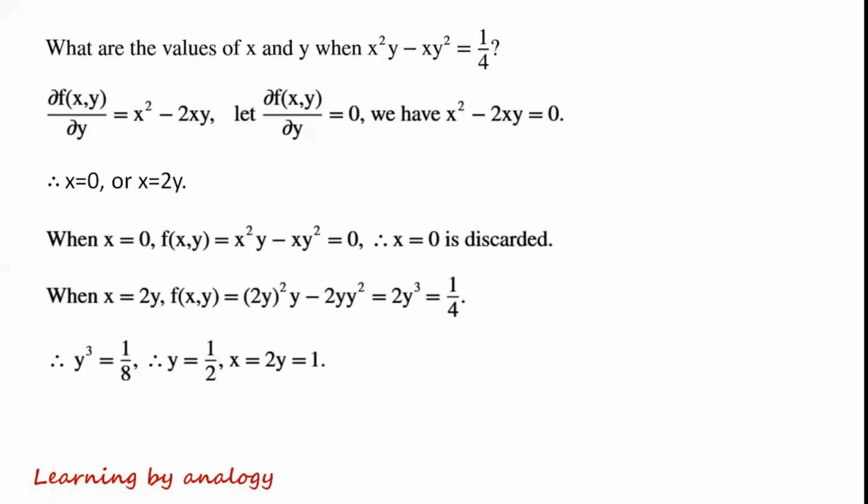So y cubed equals 1 over 8. So y equals a half. X equals 2y equals 1. So x equals 1, y equals a half, and x squared y minus xy squared has a maximum value of a quarter.